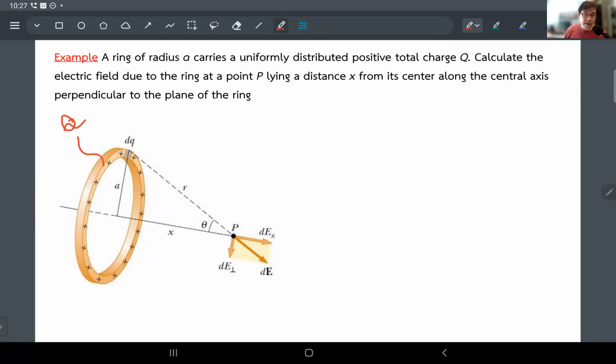Calculate the electric field due to the ring at a point P lying at distance X from its center along the central axis perpendicular to the plane of the ring. So you start from the center of the ring and shoot out perpendicularly from the plane, at a distance X away from that center. What is going to be your electric field? Wow. You want to try it first? Give it a shot. This is going to be fun.